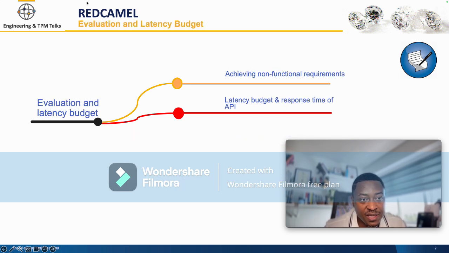And last but not least, in terms of REDCAMEL, is EL, right? At the end of REDCAMEL, it's evaluation and latency budget, right? And typically for design problems, you want to check whether the techniques that you've decided on through the requirement, design consideration, and API model phases are likely to achieve your non-functional requirements.